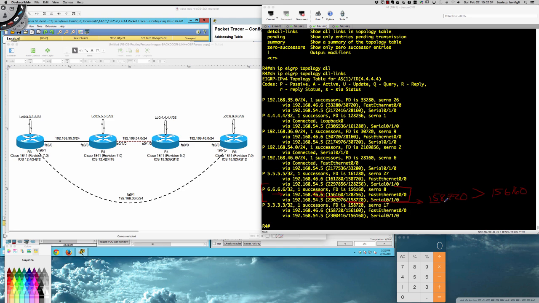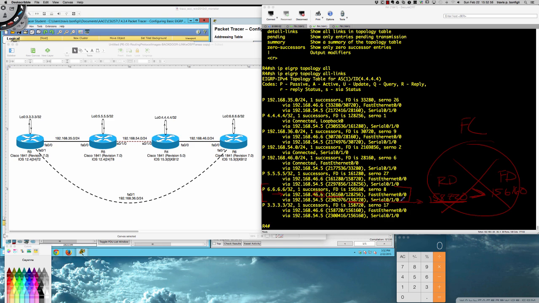And since the reported distance of a possible successor is greater than the feasible distance of the current successor, it does not meet the feasibility condition.